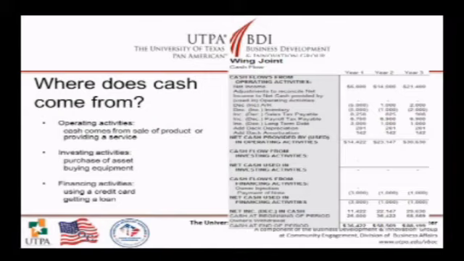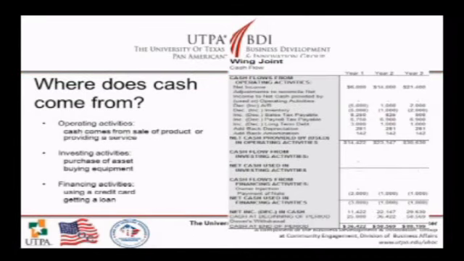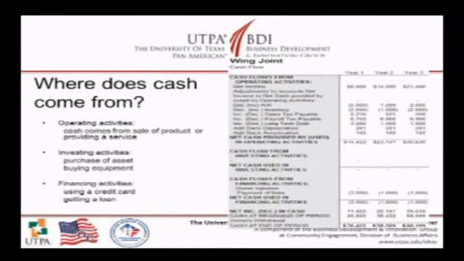Financing activities, payment of a note is minus $3,000, so you paid down $3,000 of money that you borrowed. So your net cash in is $11,422. Your cash at the beginning of your period was $25,000. You add those together, and it comes to the cash at the end of the period. How much cash do you have? $36,422.